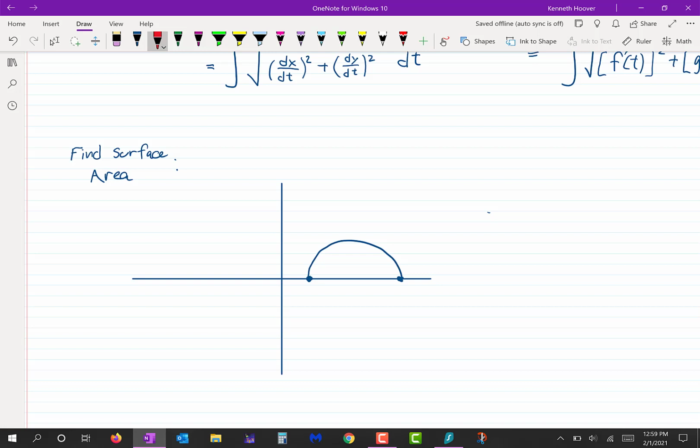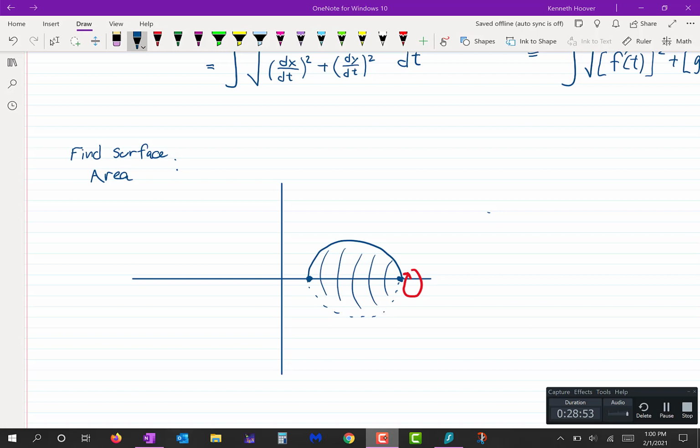You could rotate that around the x-axis. Remember doing this? And you end up with something that would look like this, except it would be three-dimensional. Remember that? That's called a surface of revolution. And what did we learn how to calculate? You should have learned by now how to find the volume of that and the surface area.